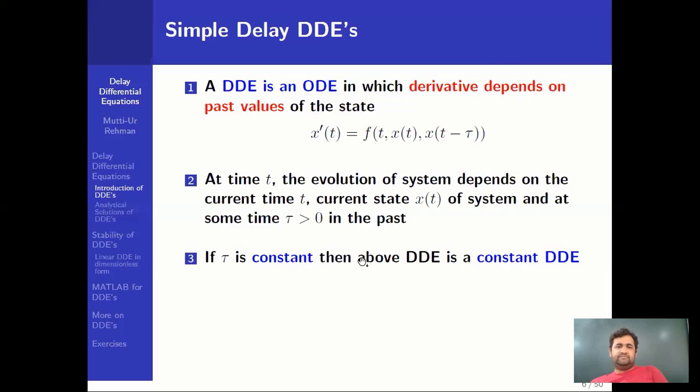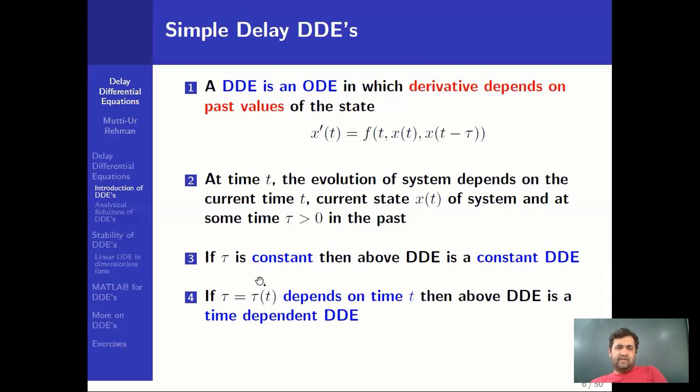Okay, so if the delay is constant, let's say some number, then of course your delay differential equation is of this particular nature, a constant delay differential equation. Okay, but on the other hand, if your delay depends on this independent variable, then you will have a time dependent delay differential equation.